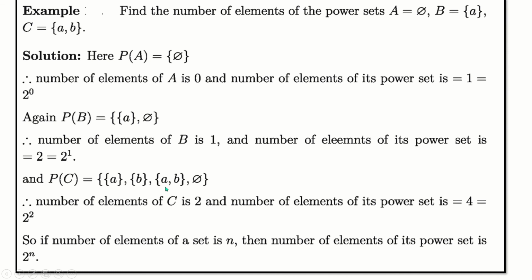When you enclose this bracket, that will be a single set, and its elements are this and this. That means 4. Okay. The number of elements of C is 2. And the number of elements of its power set is equal to 4. 4 means 2 squared. So if the number of elements of a set is n, then the number of elements of its power set is 2 to the power n. Okay, this is an important math.